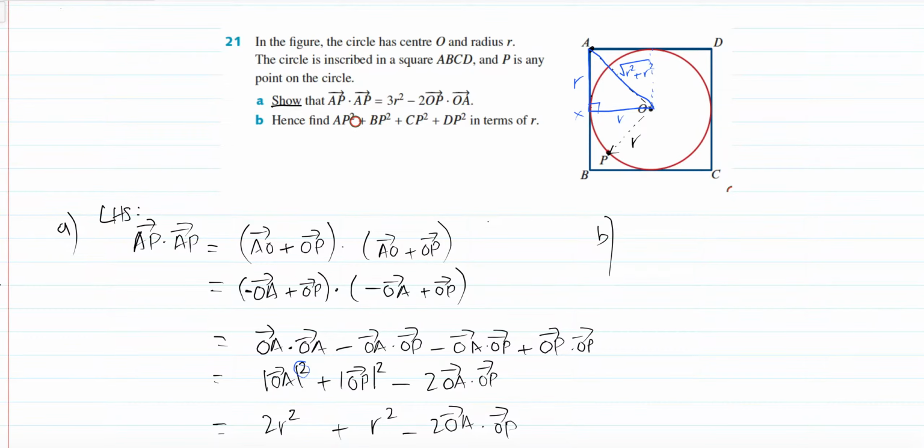We know AP squared already, that is this right here. But what about BP squared, and what about CP squared, and what about DP squared? So I'll do one quickly, they're actually very similar.